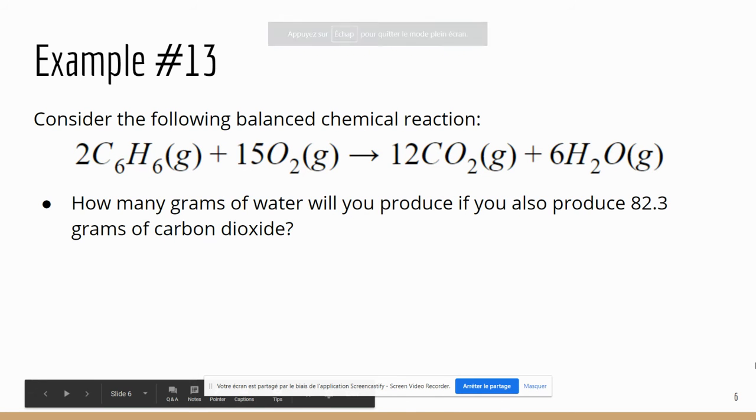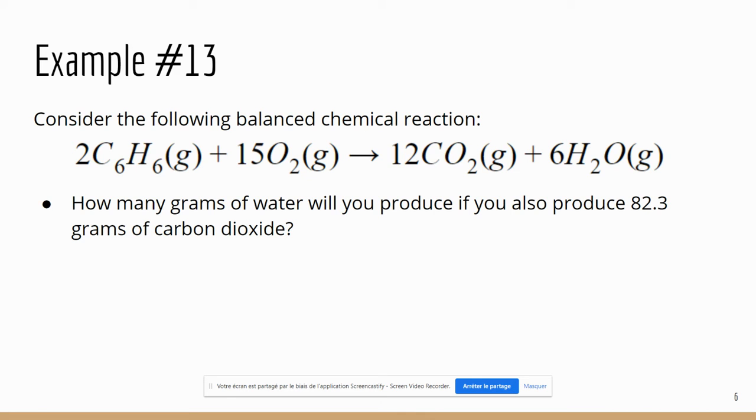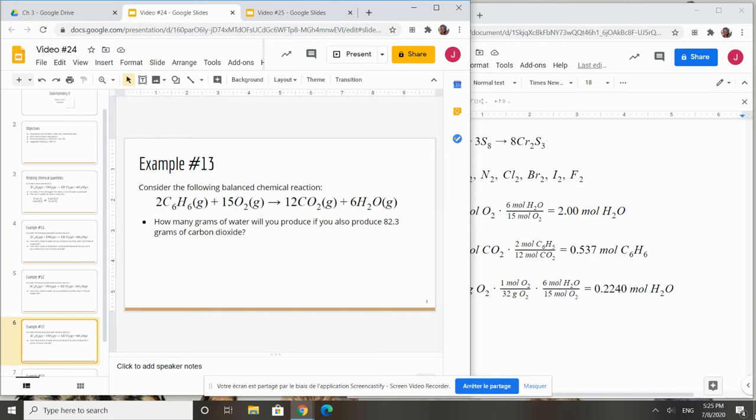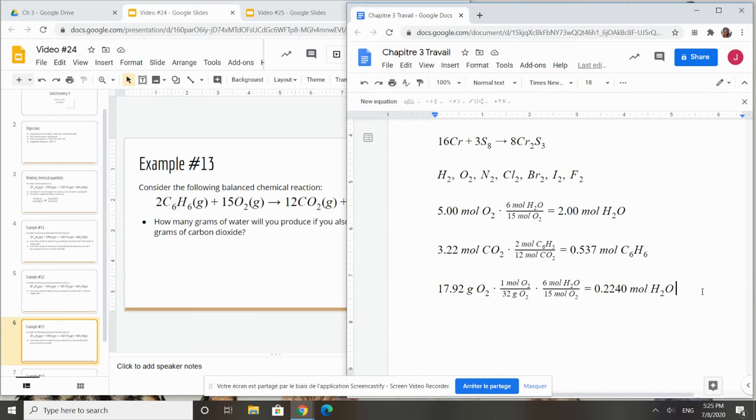Pause here. So not only am I starting with grams here, so I'm going to need to use the molar mass of CO2, but it's asking for grams, which just means that after I do my mole-to-mole ratio, I'm going to need to use molar mass again.